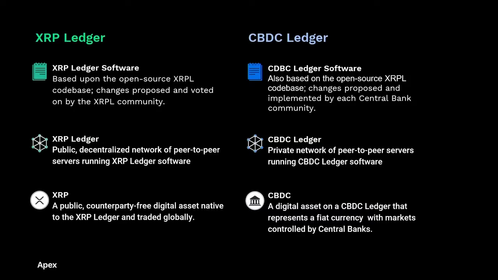So you have XRP Ledger as this public decentralized network running XRP Ledger software, RippleD. And on the right, we have essentially something very similar, but in a private deployment. And then at the bottom, pretty different currencies. XRP, of course, is the native counterparty-less digital token of the XRP Ledger, and CBDC is going to represent a fiat currency, and it will be controlled by central banks.